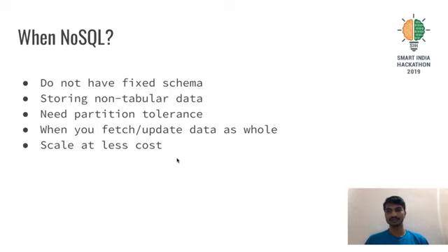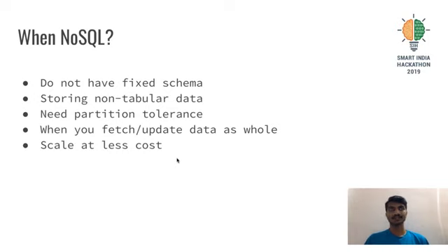Then it's better to go with NoSQL databases than other formats like RDBMS. And when I need partition tolerance, as in the CAP theorem, it's only available in NoSQL based databases.